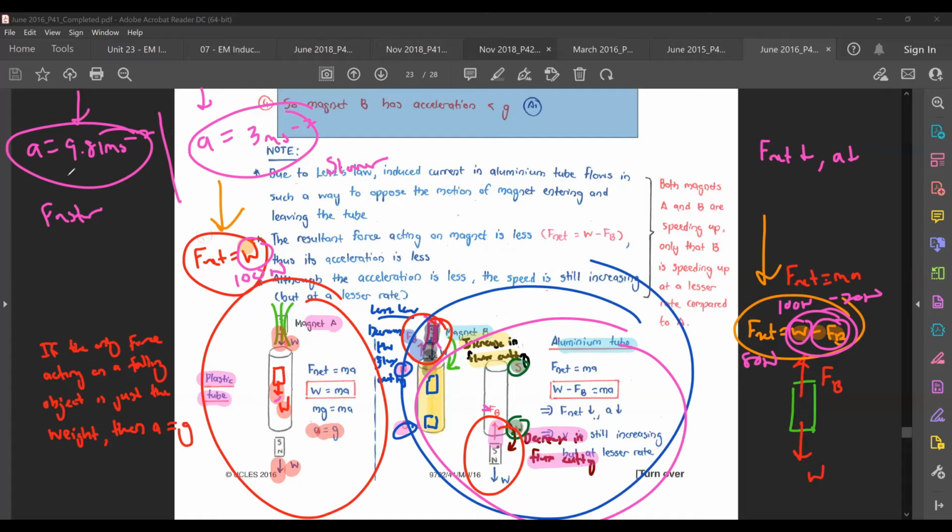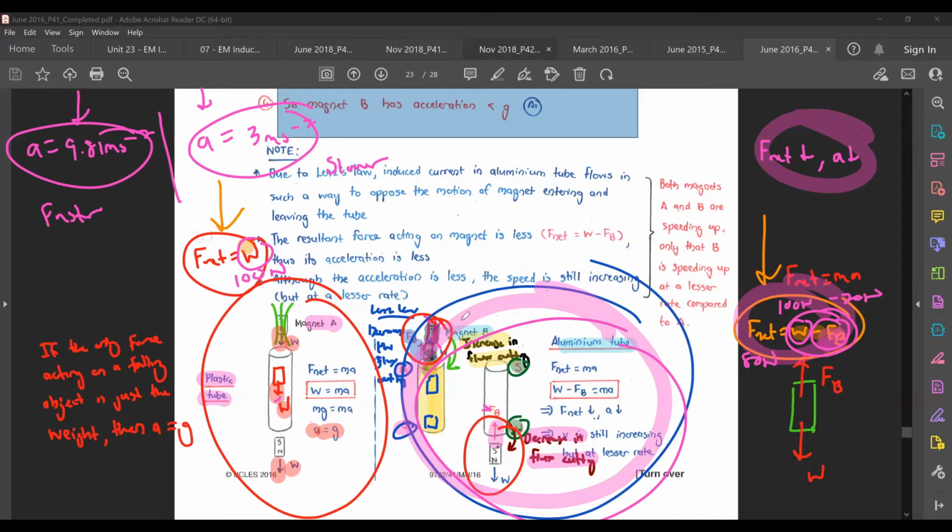Okay. So this particular portion here, the main thing just to understand was that as your magnet tries to fall in the tube and tries to go out, there will always be a magnetic force trying to oppose its motion. That in turn causes your net force to become less, your acceleration to become less. It will therefore move slower.